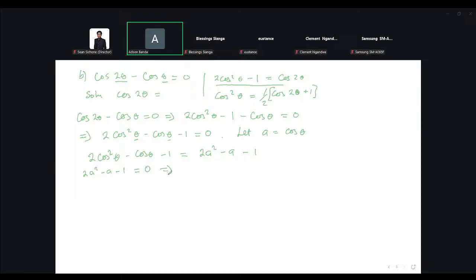So this is the equation you are solving, and then you see this as a quadratic equation which has some factors. So what are the factors that we are going to use here? -2 and 1. So 1 is positive.